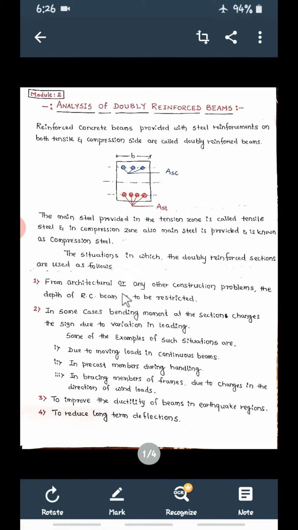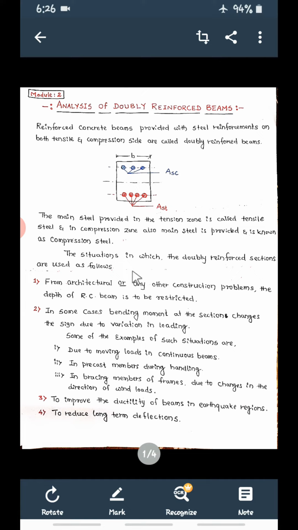So from architectural or other construction problems, the depth of the reinforced concrete beam is to be restricted. When you reduce the depth, we provide steel at the top also, and then that is considered a doubly reinforced beam.